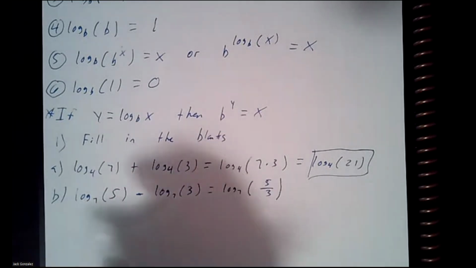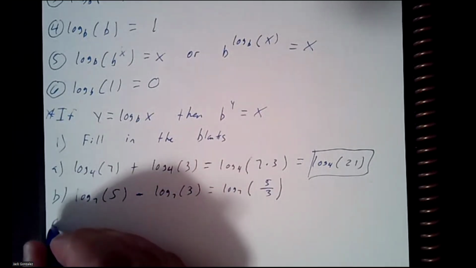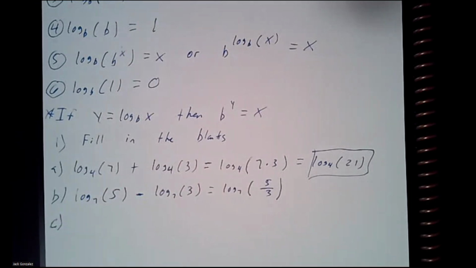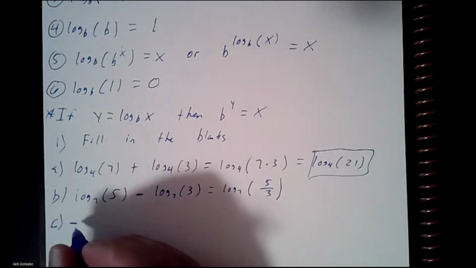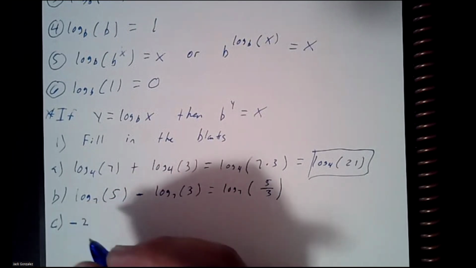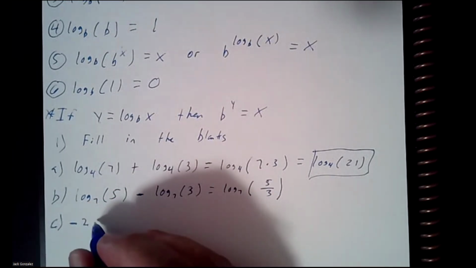That's what property 2 lets you do. Any questions on A or B? Okay. So we're not solving anything. We're just trying to apply the properties that I wrote down up top, or the ones on the formula sheet.